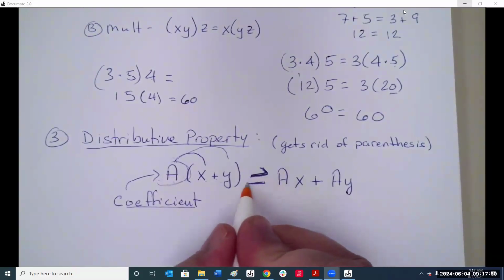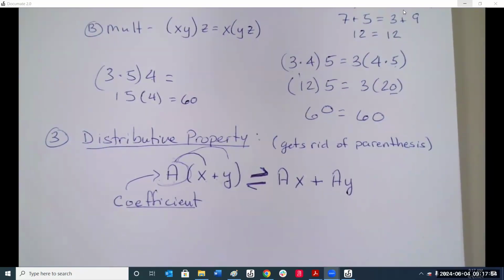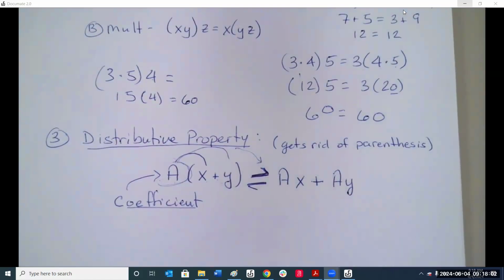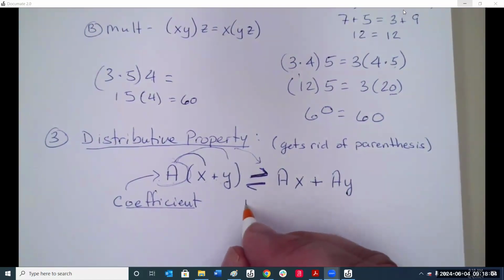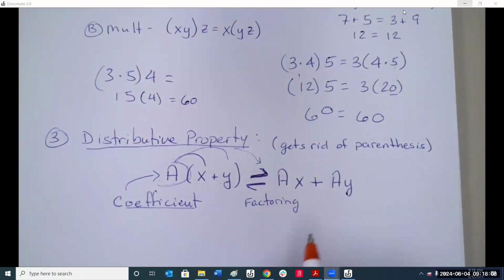We can also go this way. I can give you this, you can give me that. This direction is called distributivity. This direction is called factoring. We're going to use that a lot in this course as well.